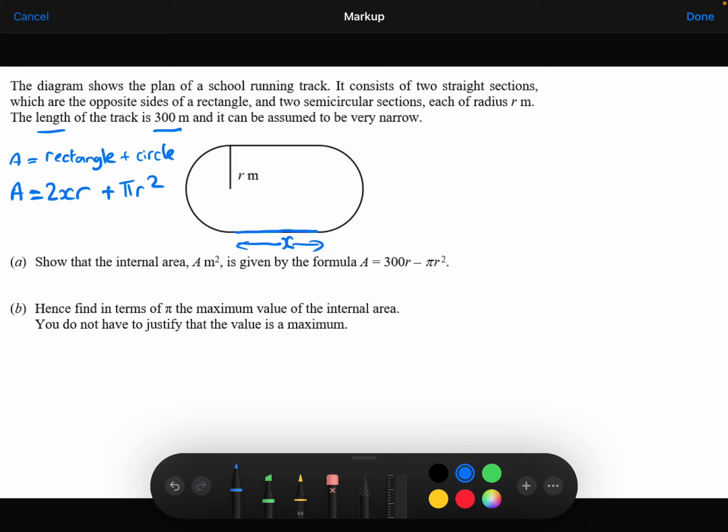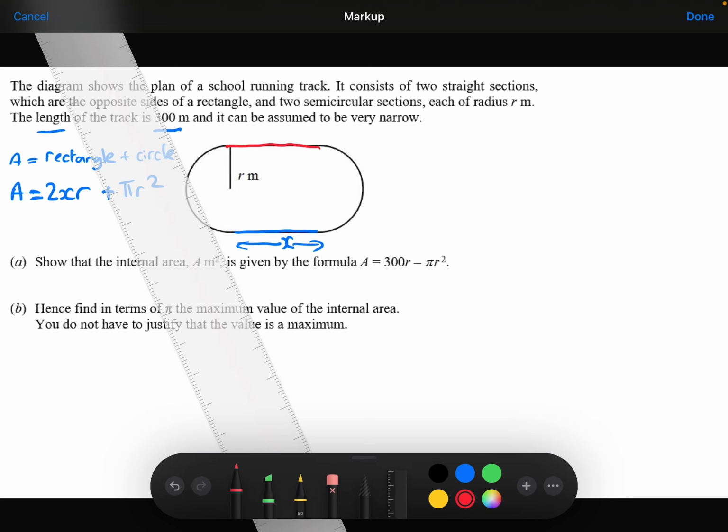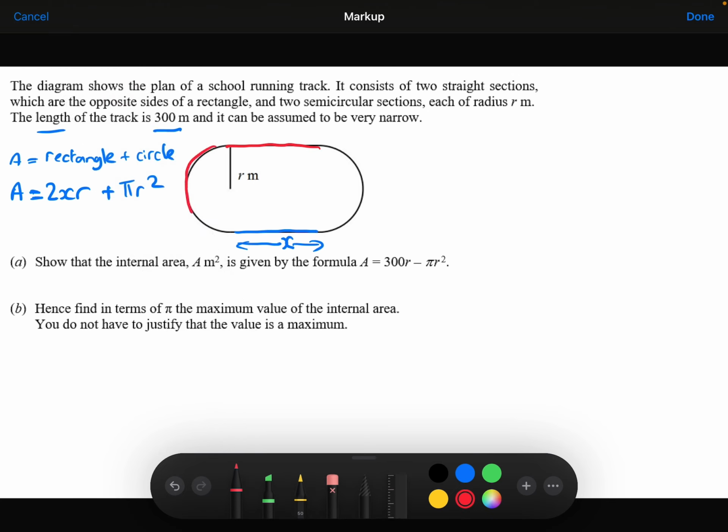Some other information I was told in this question was the length of the track, so that's all the way around the outside. So all of this, plus this, plus this, plus this is equal to 300. So let me write that down. We've got, this is x, so that's 2x, plus, well, this is a semicircle.